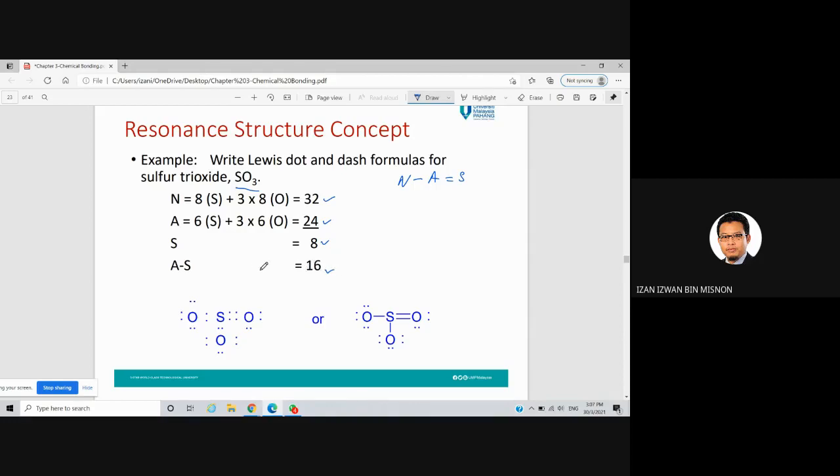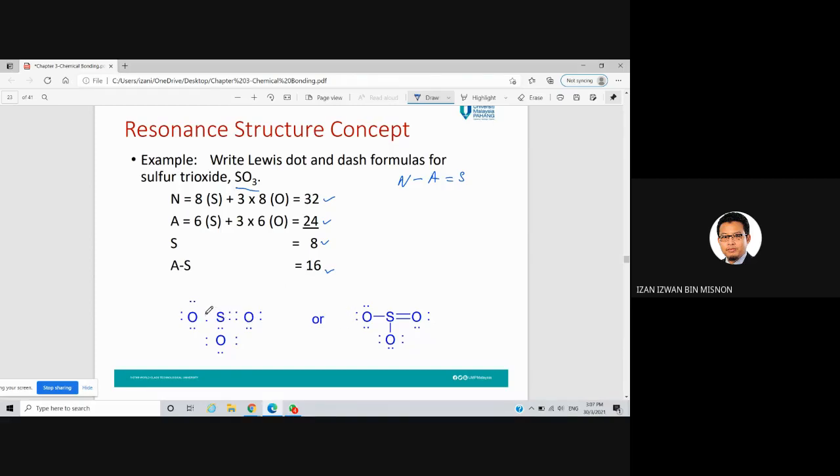From that, you then determine which atom will be the central atom and which atoms will be the outer atoms. In this case, S will be the central atom, and we have 3 oxygens surrounding the sulfur atom.